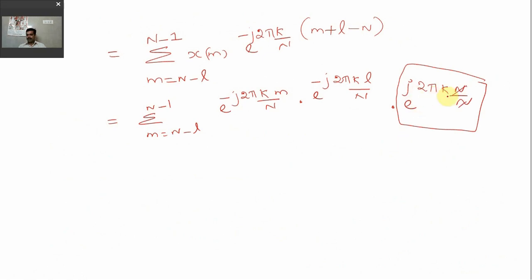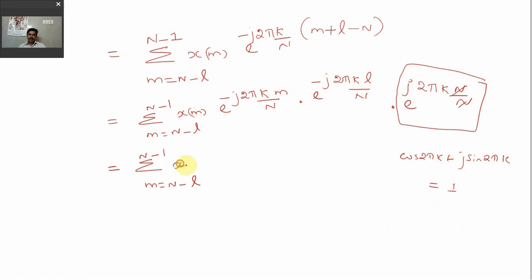getting e to the power j 2 pi k, that is cos 2 pi k plus j sin 2 pi k. So cos 2 pi k plus j sin 2 pi k is equal to 1. So instead of this you can put 1 and you will be getting m is equal to n minus L to n minus 1 into, so you are having x of m here.